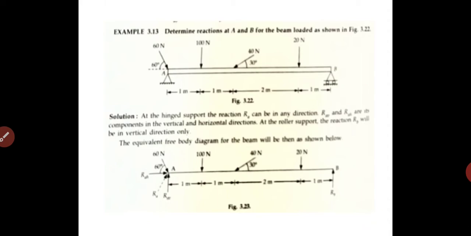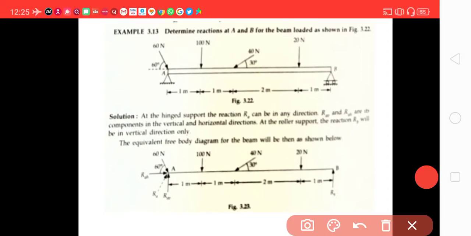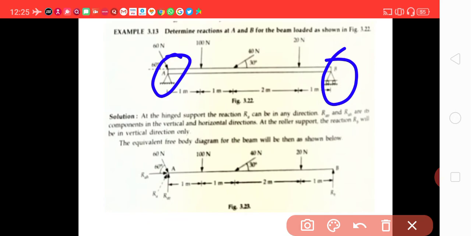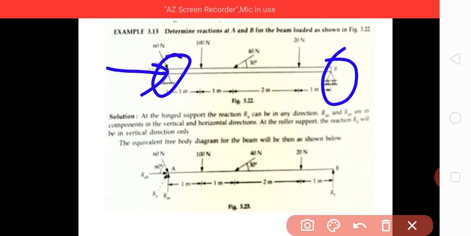Determine the reactions at A and B for the beam loaded as shown in figure 3.22. This is the beam. Here, this is the hinge support, this is the roller support. Hinge support means that it can have a thrust like this reaction for this force.